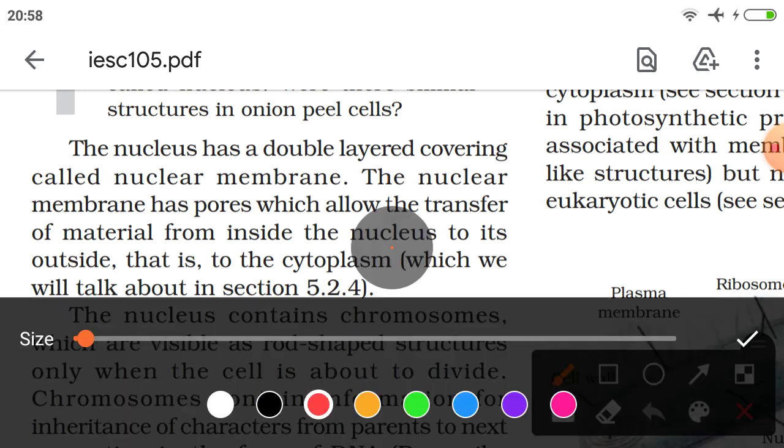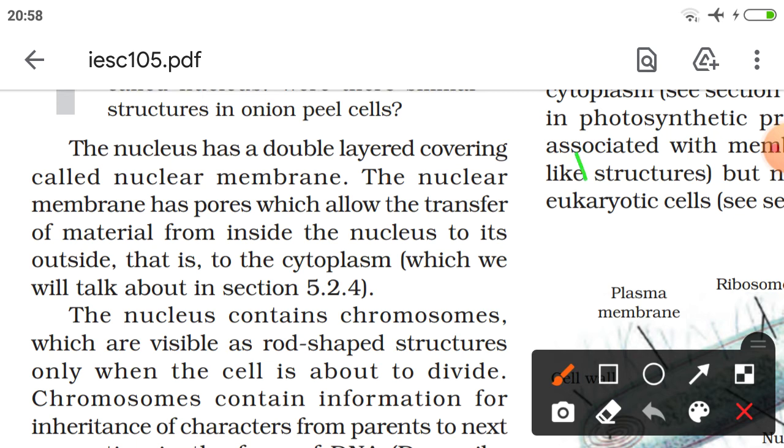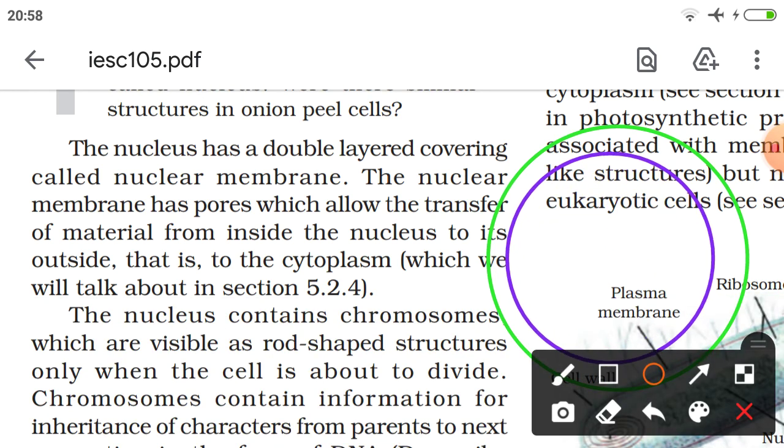So here we are. The first thing to be noticed here, nucleus is a double layer structure. So it has double layer. Here is the first layer and here is the second layer. These layers are known as nuclear membrane.